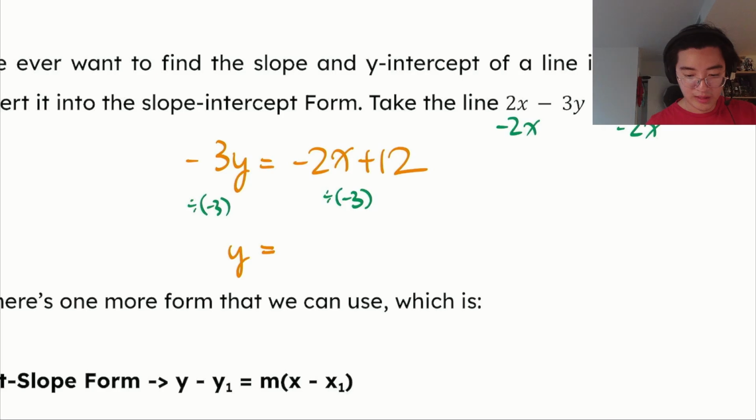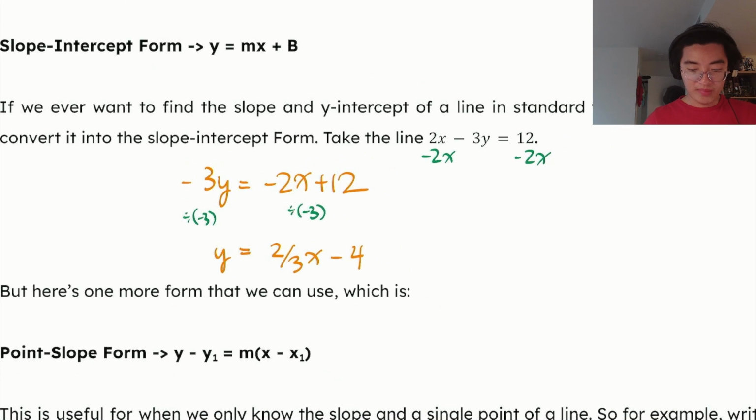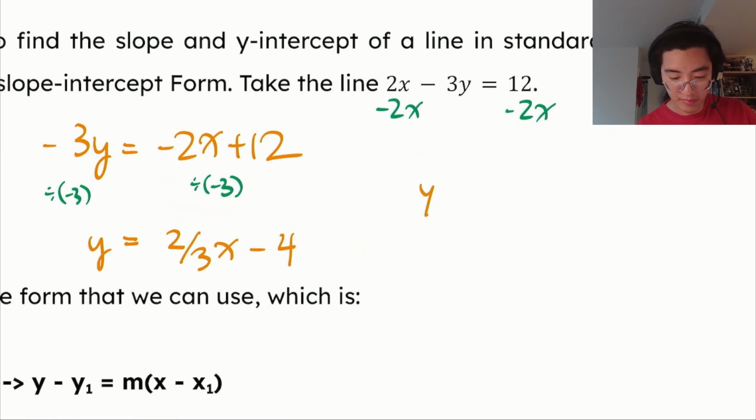So we get -2 divided by -3 is positive 2/3 x, plus 12 divided by -3 is -4. And then that's it. That's our slope-intercept form.